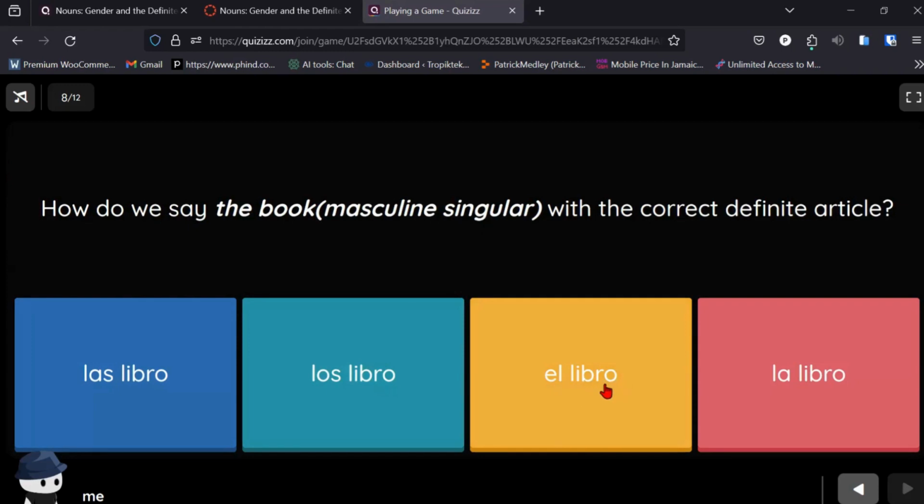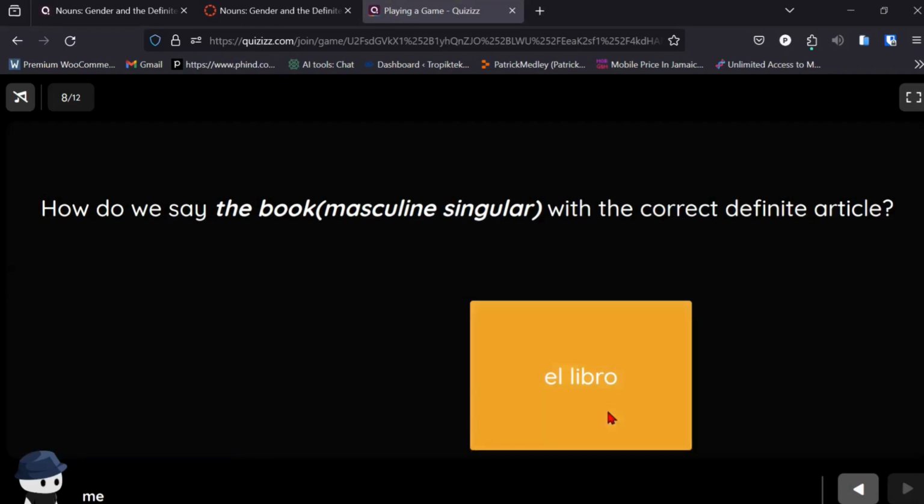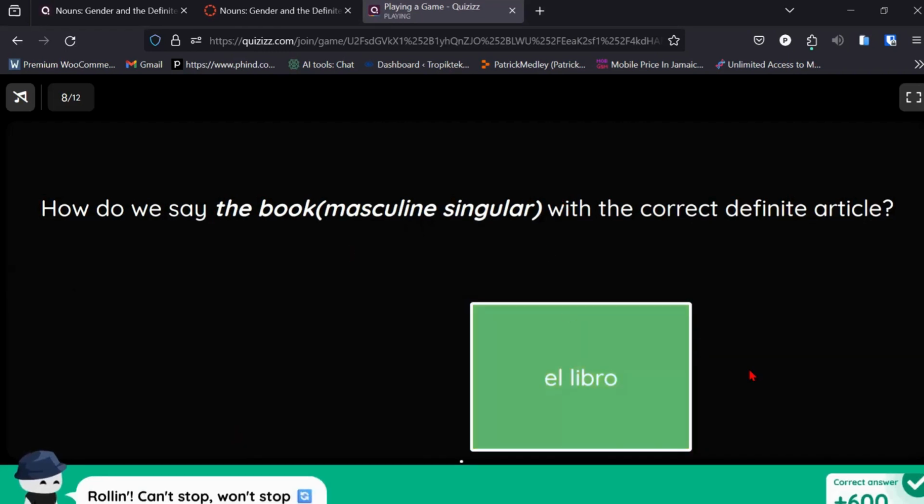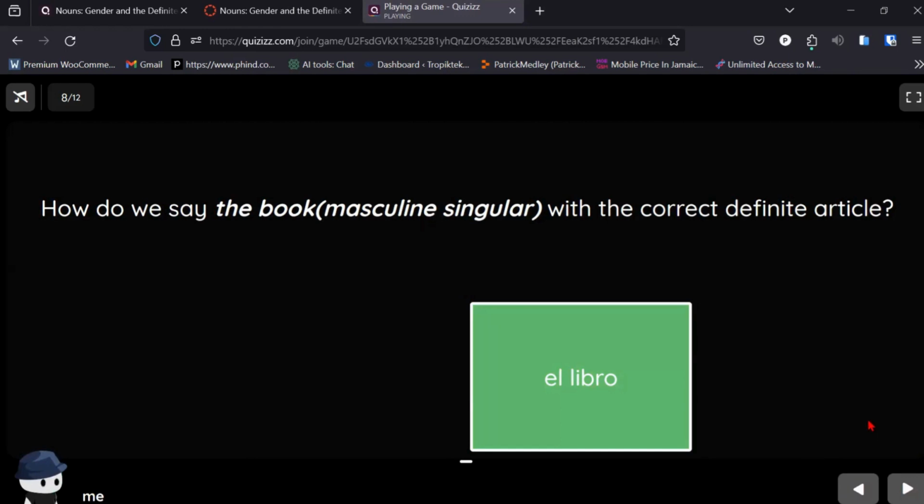We have to look at the noun and see, is it masculine or feminine, and is it plural or singular? Those are the two questions for you to figure out what is the definite article that you need to use. Now, we're going to go over more of pluralization and the details of different ways to pluralize Spanish words. So that will be very helpful in the future. So as you can see, the answer is el libro.